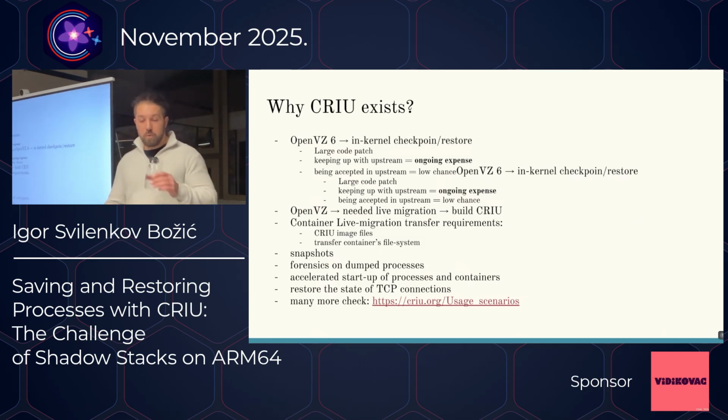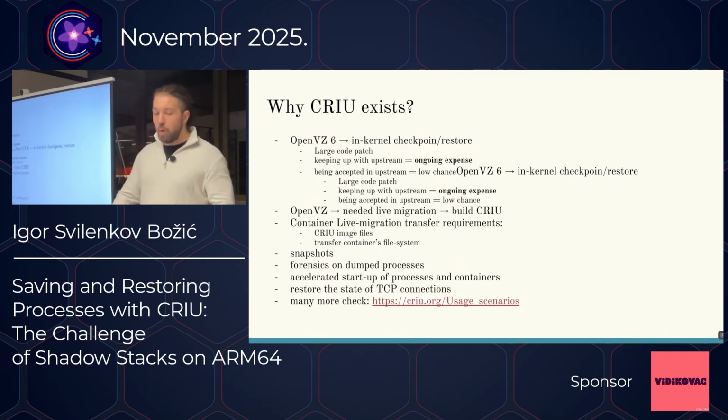It can also be useful for snapshots, or some people use it to do forensics on malware, for example. You can take these snapshots at different points in time or in different situations and analyze the memory dumps.